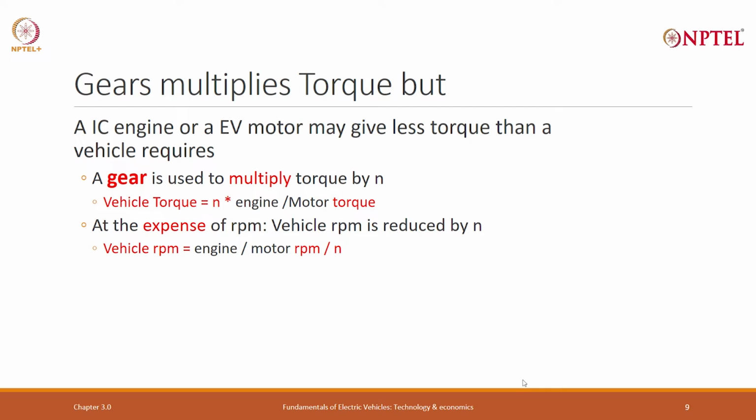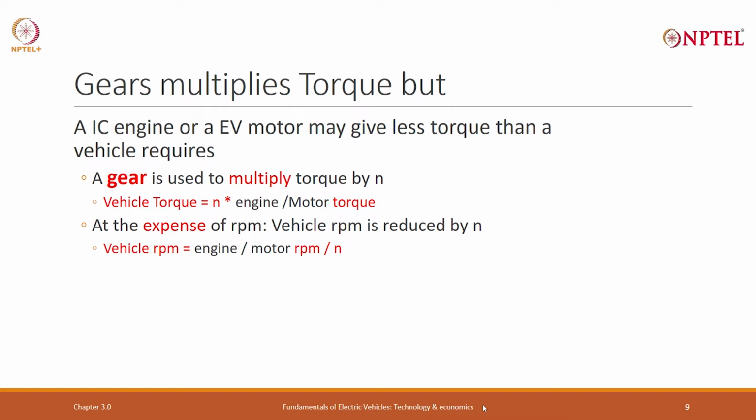So, gear will multiply torque, but remember power is the same. So, what will happen? It will multiply torque, at the expense of RPM. Gear multiplies torque and divides the RPM. So, vehicle RPM will be reduced by n. So, vehicle RPM will be engine or motor RPM divided by n.